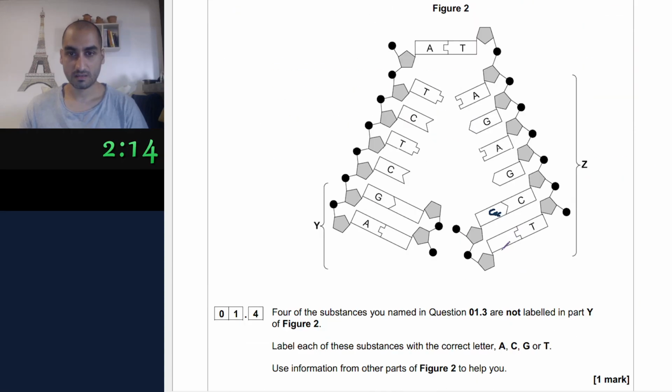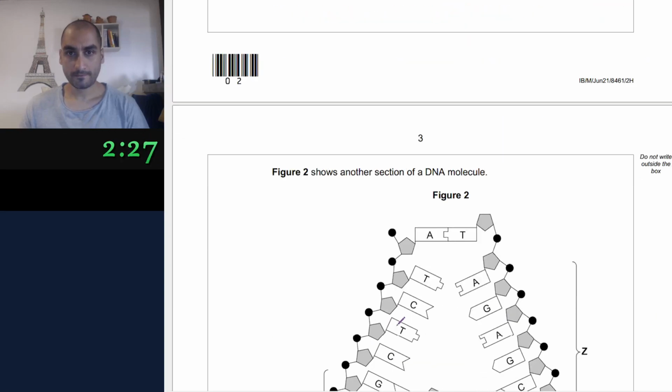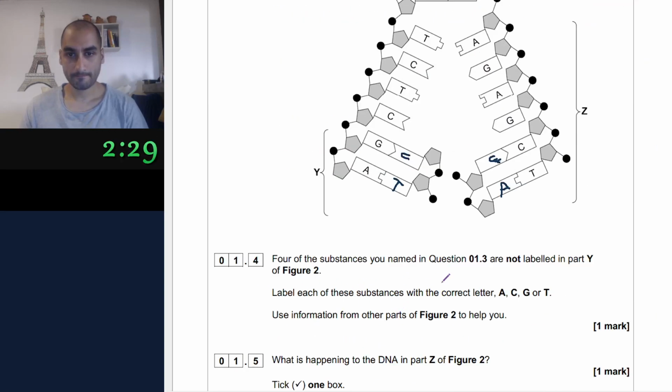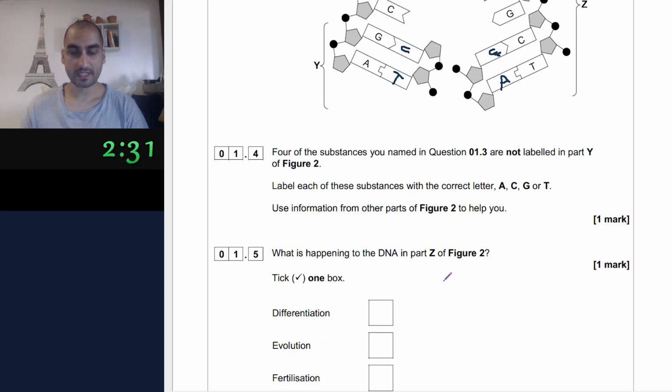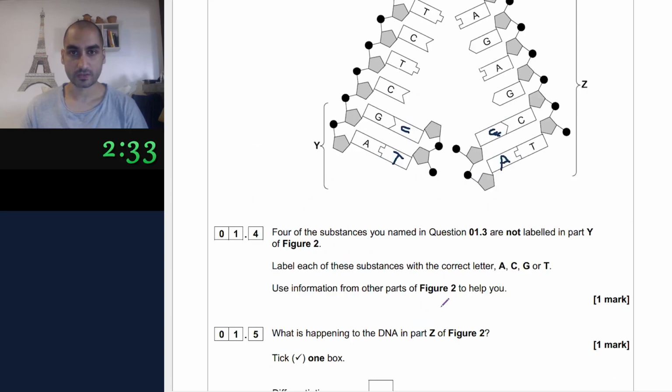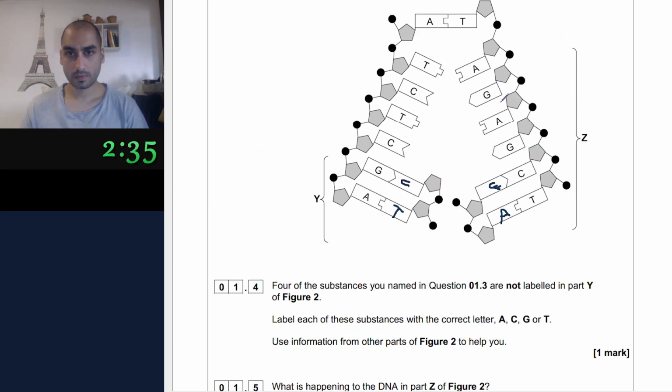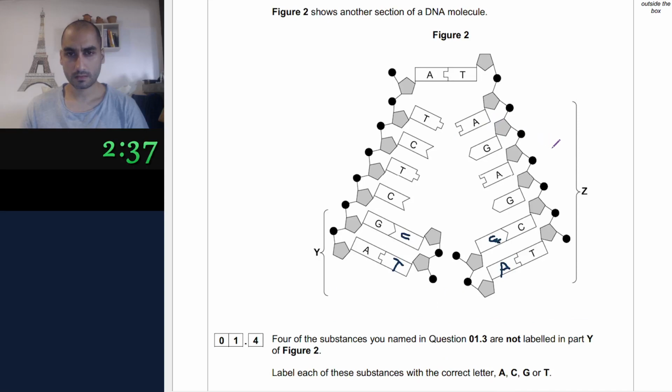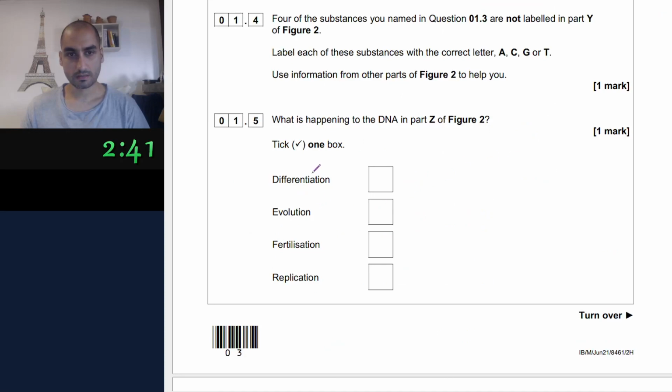T goes with A. Well, it's just these ones, so it's going to be like this. Okay, what is happening to the DNA in part Z of figure 2? This is mitosis, isn't it? Replication.